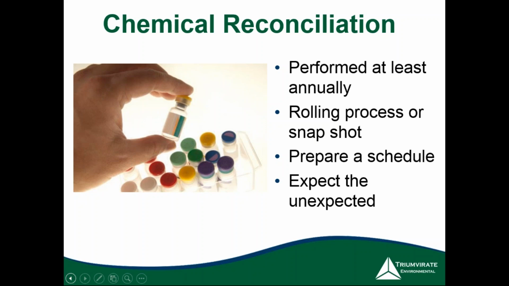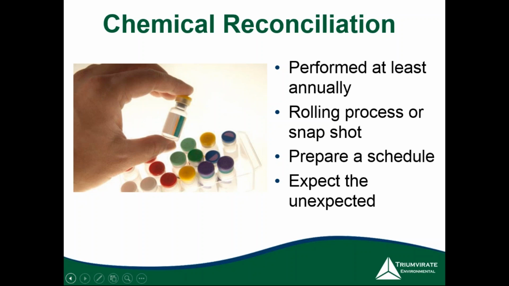Floors 3, 4, 5 go in February, and then biology in building 2 goes in March, and so on and so forth. That way, all the chemicals get inventoried at least once a year, but it becomes a manageable process instead of being a full-time job for 3 months out of the year.